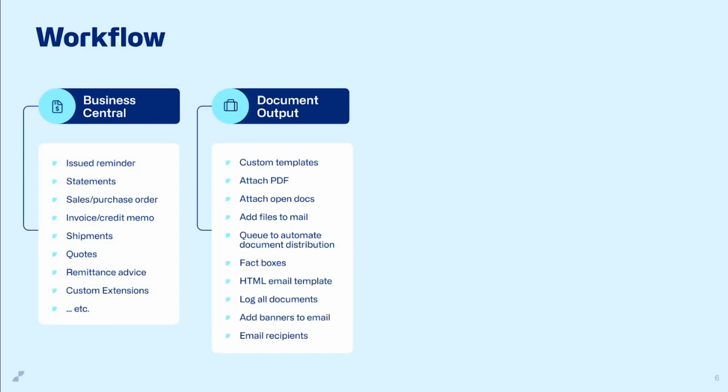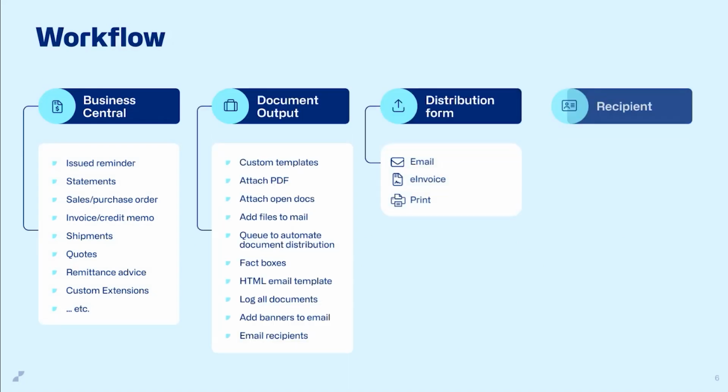How it typically works is that you will have a report document from Business Central, and that is picked up by Document Output, and Output will then run through the settings of the templates and of the recipient preferences and amend those to the actual email and send it out.